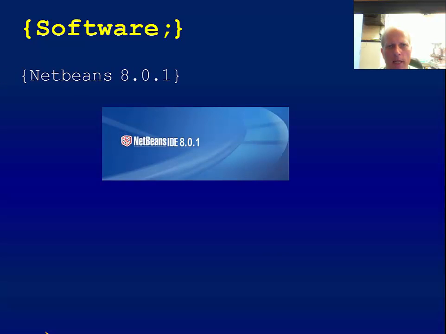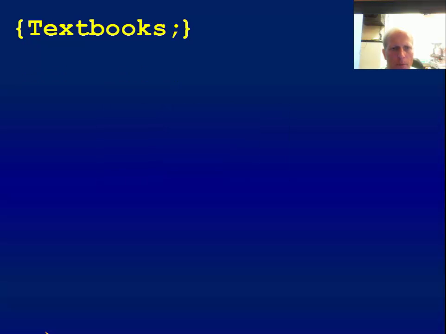Alright, we'll be using NetBeans 8.0.1 as our software development package, and fortunately that is completely free and can be downloaded by anyone. I have given your child a link to that, so they can download it. It will run both on a Windows PC and on a Macintosh. Textbooks.